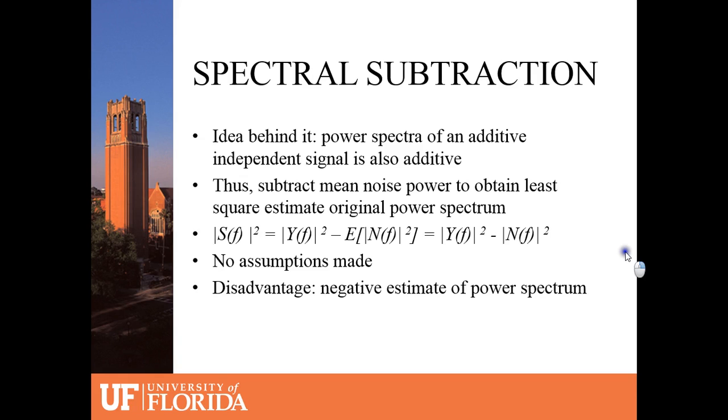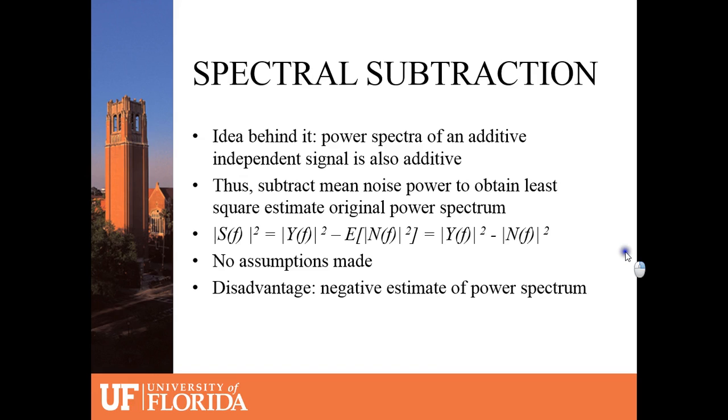So concentrating now on spectral subtraction, the idea behind it is that the power spectra of an additive independent noise signal is also additive. Since noise is additive, we can add or subtract anything from the power spectra.